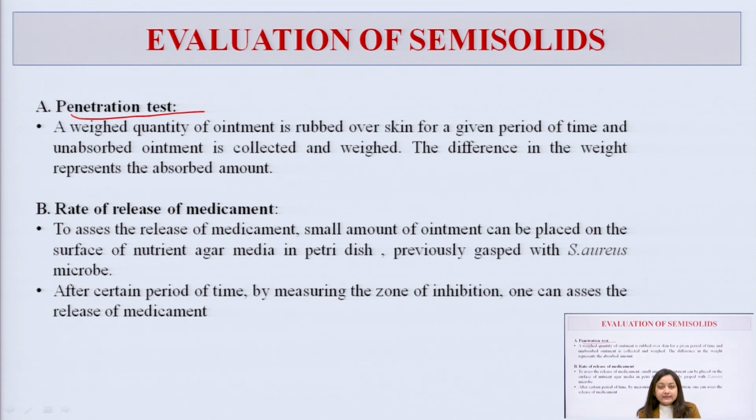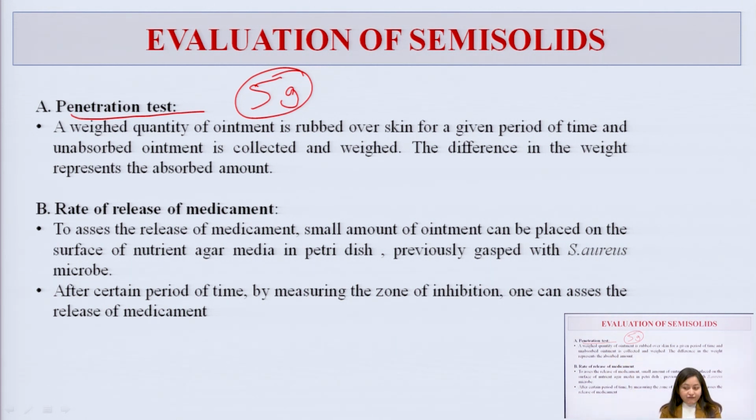For that test, we take an area of skin and apply a certain amount of initially weighed ointment. For example, we weigh 5 gram of ointment, just a simple example, and apply it on the surface of the skin.